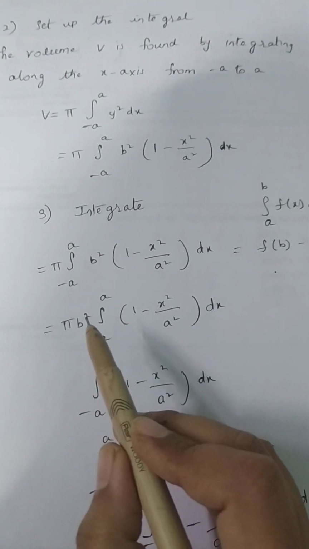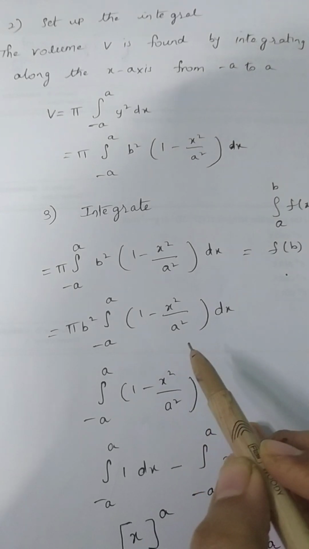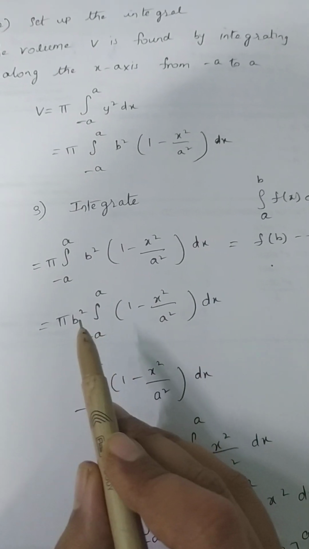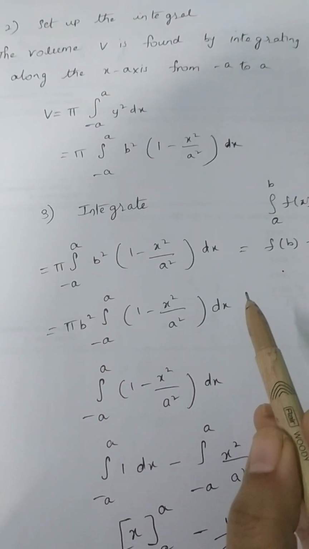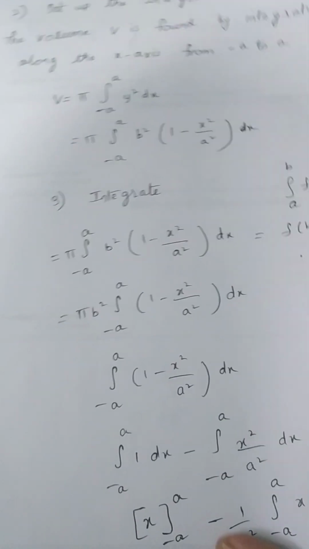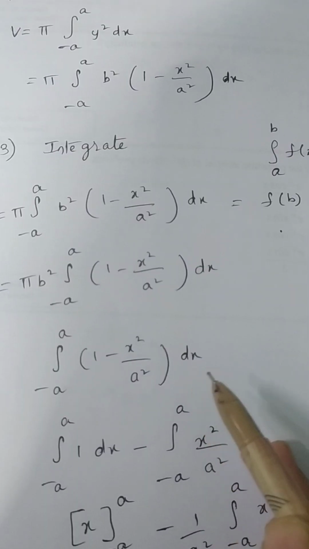Pi b square integral minus a to a 1 minus x square by a square dx. Let us first find this value and then multiply with this to get the final answer.